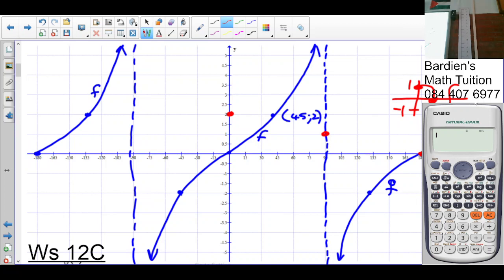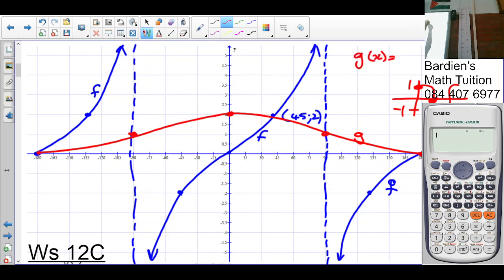So there's that part of the graph. Of course, the graph repeats itself on the side as well. And that is the g of x graph. Okay, so I just need the equations here for the questions that follow. So g of x is equal to cos x plus 1, and f of x equals 2 tan x.